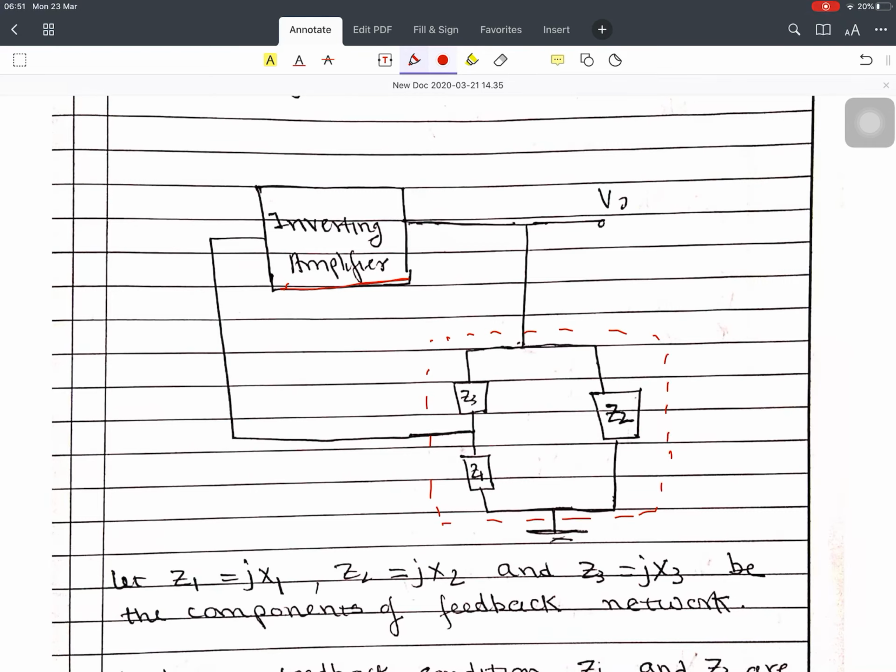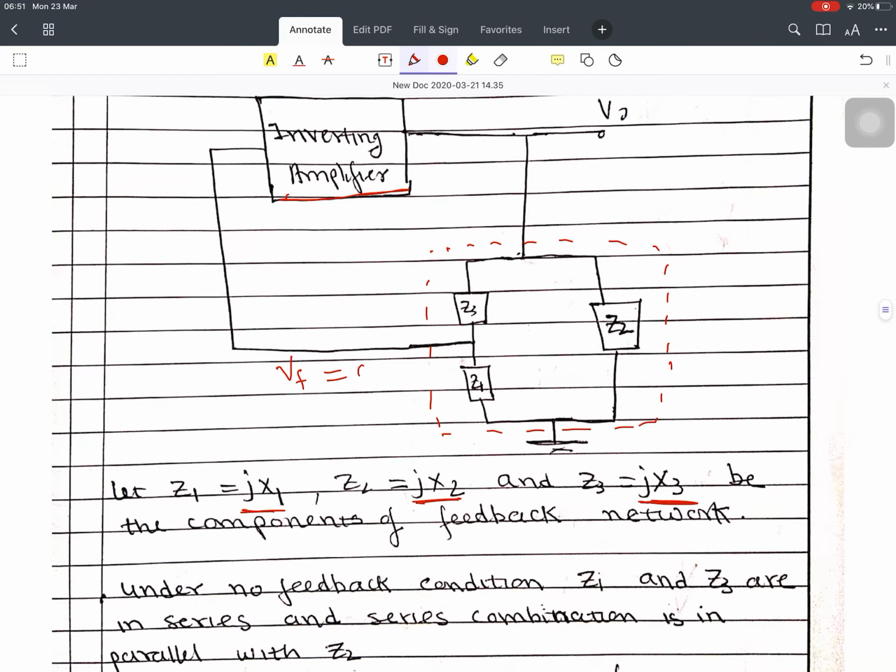Now let's derive the condition for oscillations. Here Z can be j into X1, j into X2 or j into X3, that is the value of Z1, Z2. Now when there is no feedback, means Vf over here is 0.